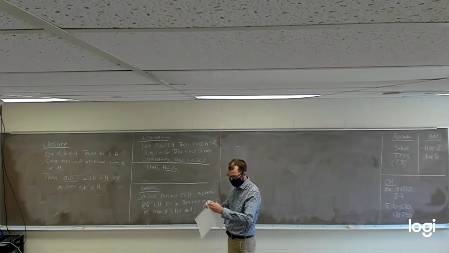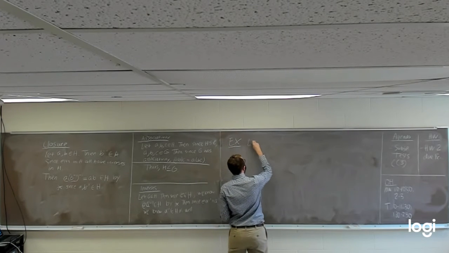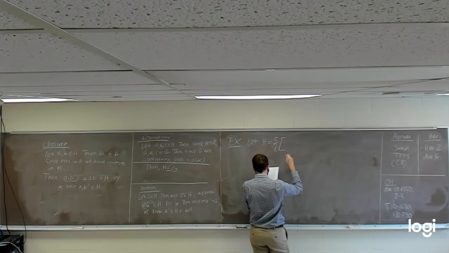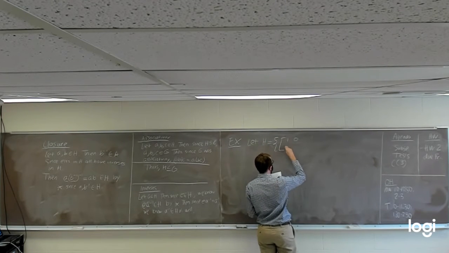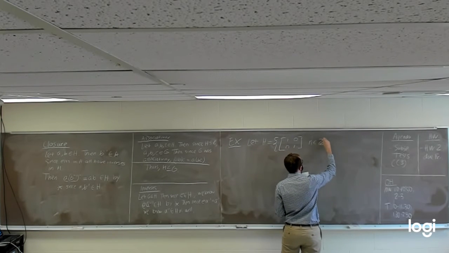So let's look at an example where we're going to let H be the set of all 2 by 2 matrices of the form 1, 0, n, 1, where n is some integer.